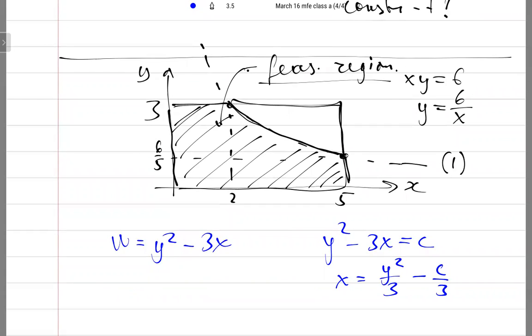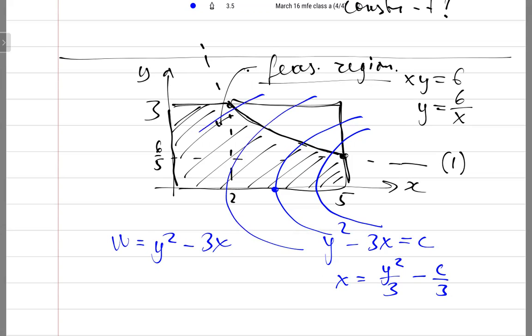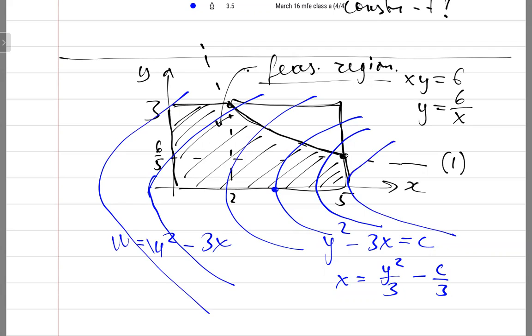It's a parabola, and it goes something like that. By choosing c, I can move this parabola to the left, to the right, as I wish.